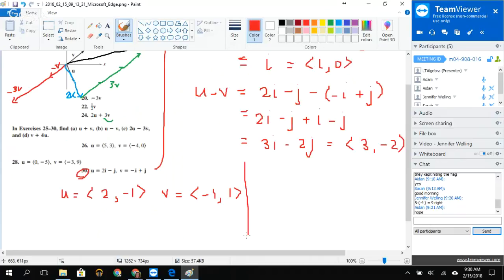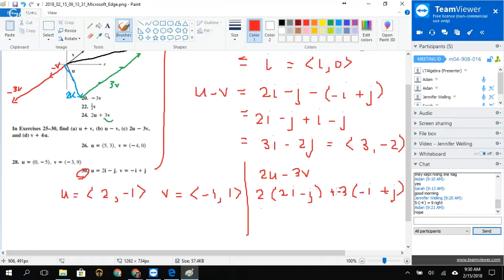So we can do 2 times 2i minus j minus 3 times negative i plus j. And again, I'm going to put my negative on my 3 so that when I distribute, I can just add after that.